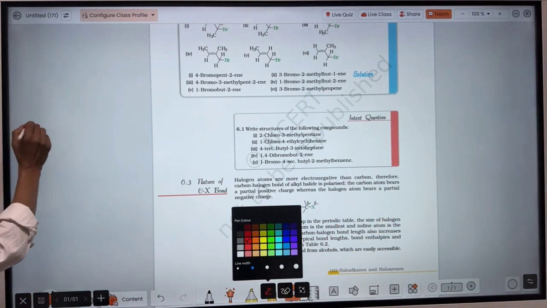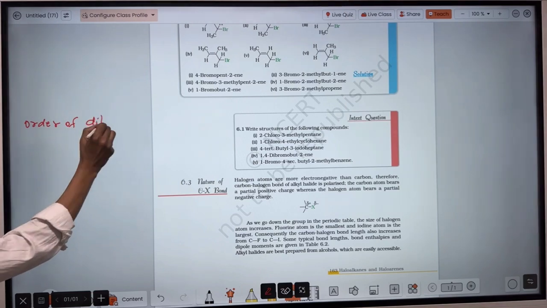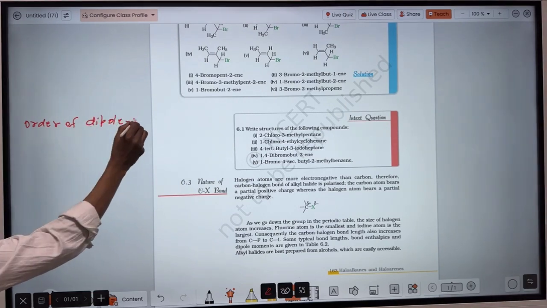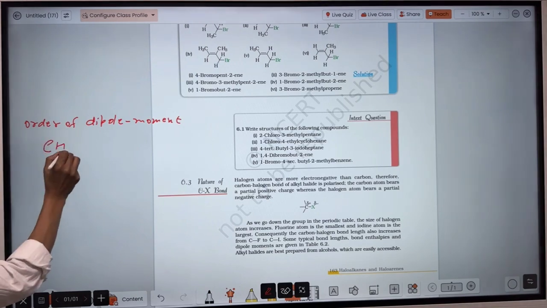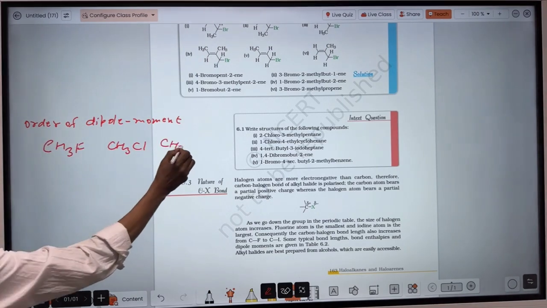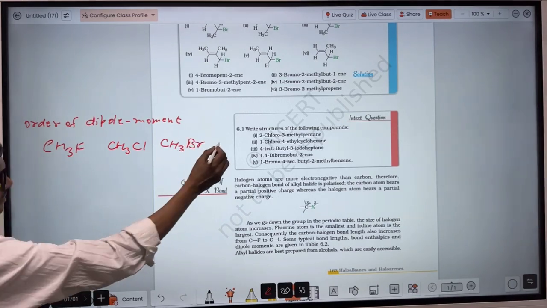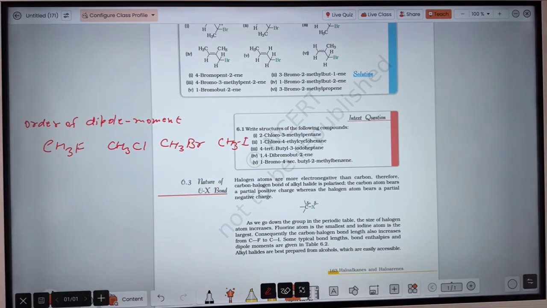Among CH3F, CH3Cl, CH3Br and CH3I, you will have to write the order of dipole moment.